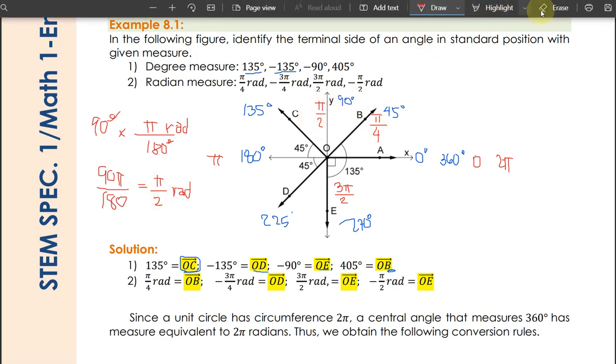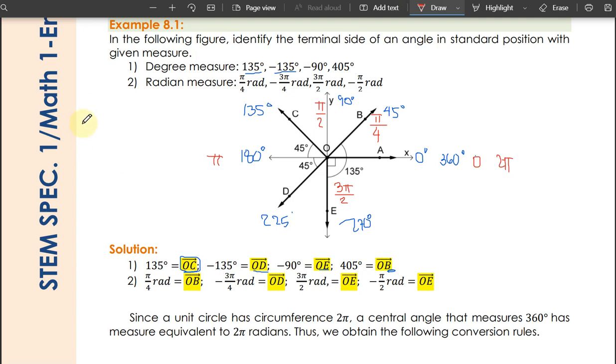So, what if we are going to convert from radian measure to degrees? In converting from radian to degrees, we just invert pi over 180 into 180 over pi.